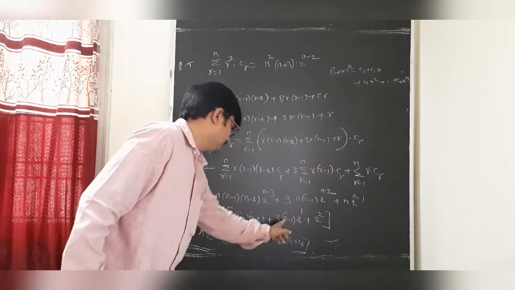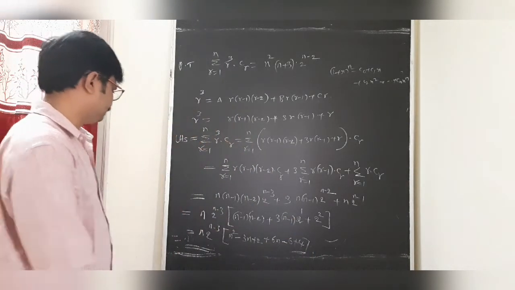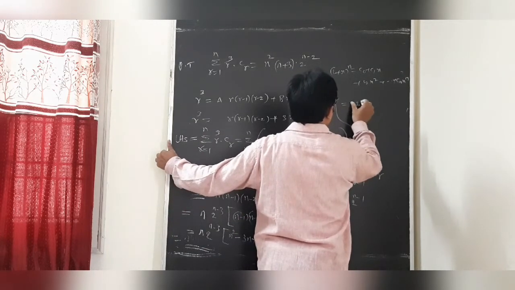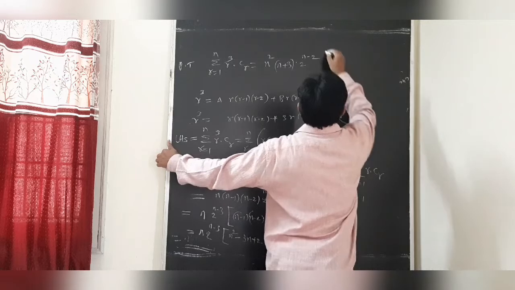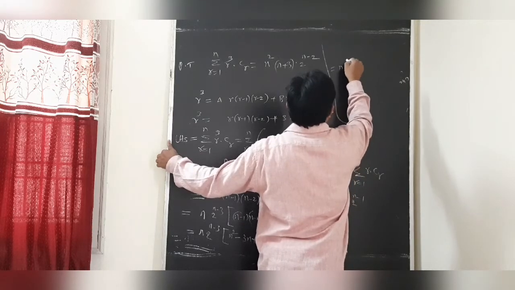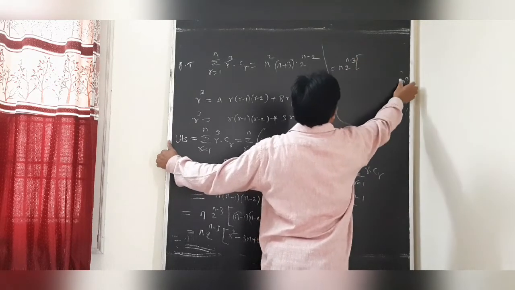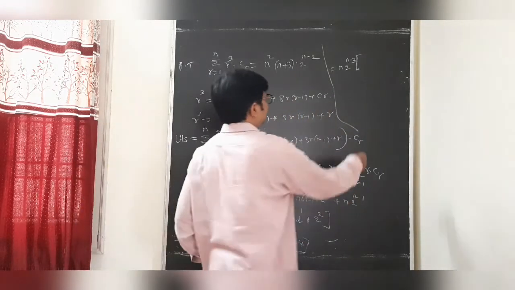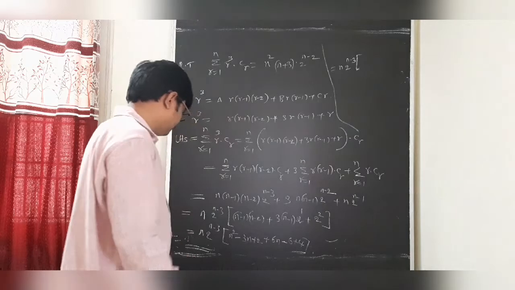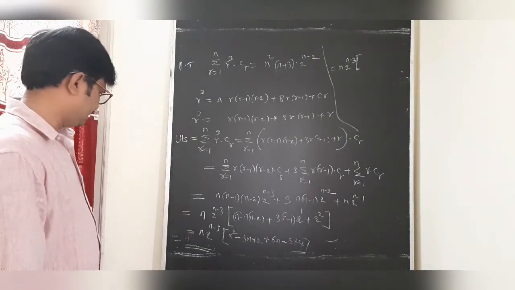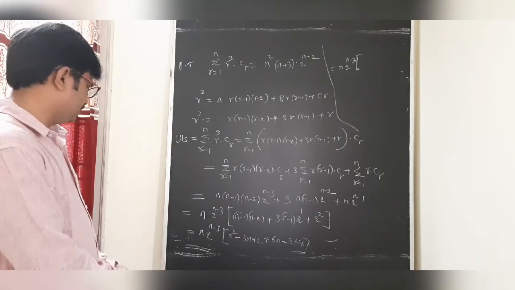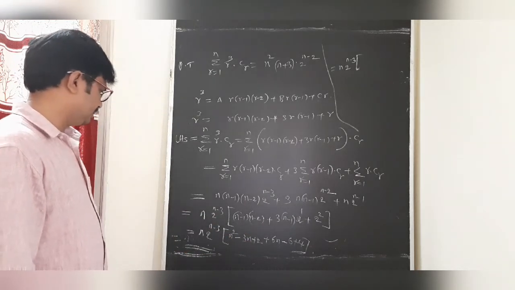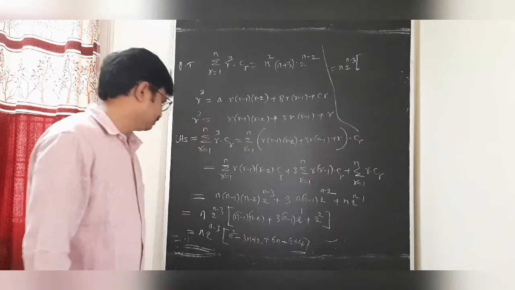Undoubtedly students, n into 2 power n minus 3, n square is there. The first term is n square. After that we observed here n square is there. Then 6n minus 3n.